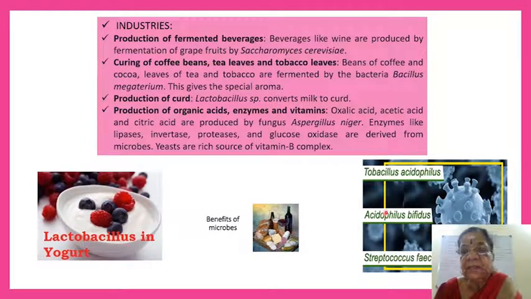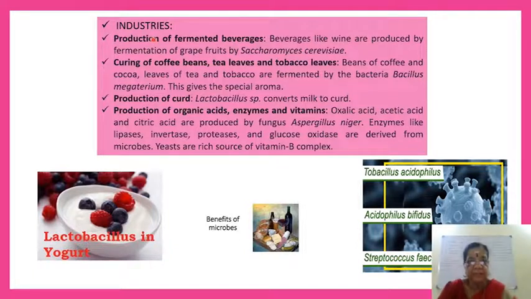Okay. Then இது வந்து சில useful bacteria as lactobacillus acidophilus, then acidophilus bifidus, and then streptococcus species. இது மூணுமே ஒரு bacterial species. I hope you are able to follow this.